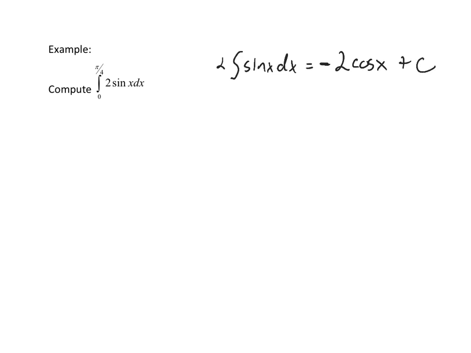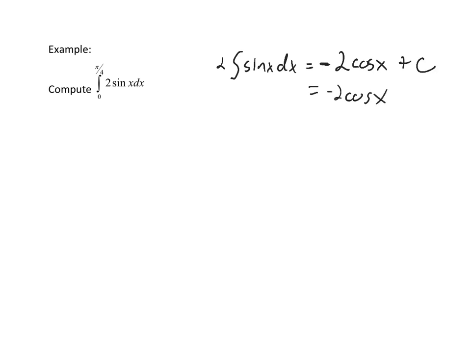Well, for doing a definite integral, we just need something in general to plug into. If we took the derivative of it, you would get 2 sine x. And so for the answer, we're just really going to use negative 2 cosine x.